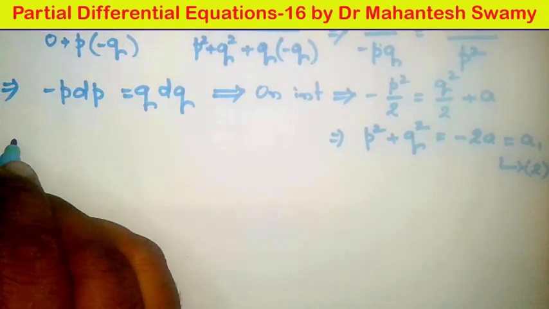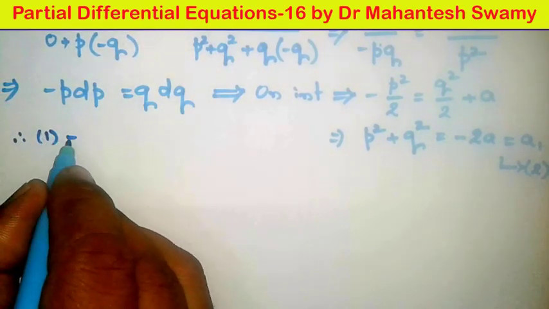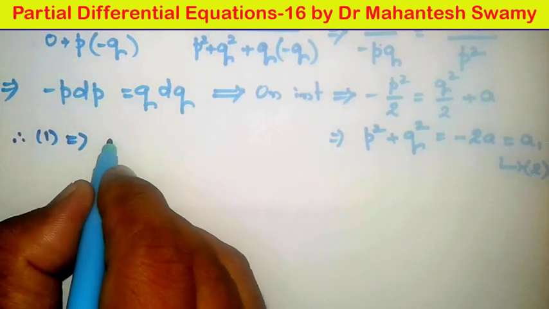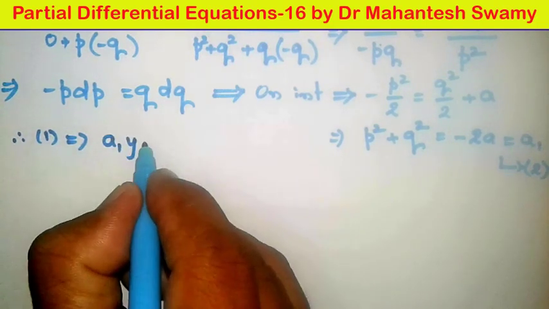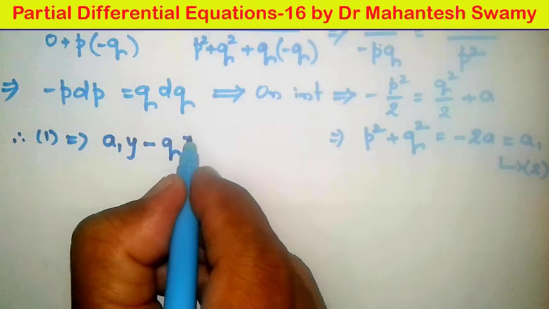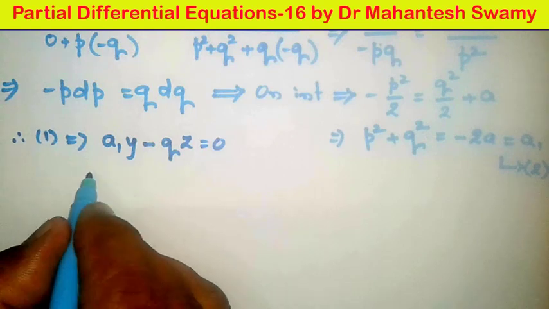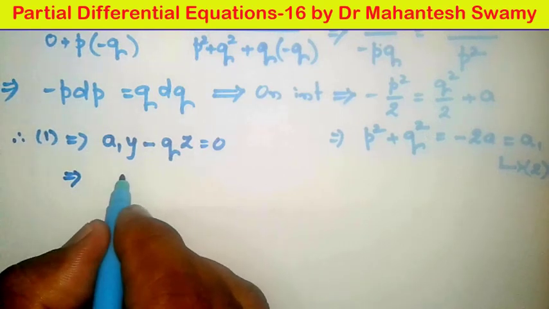Therefore equation number 1 implies, after substituting the value of p square plus q square as a1, we are going to have a1 into y minus qz equals to 0, and this after simplification gives the value of q.